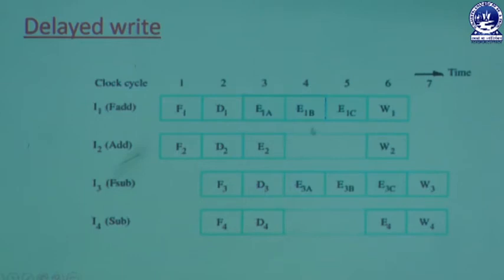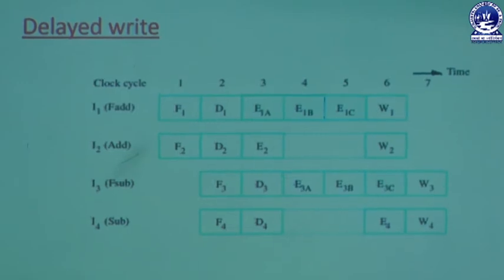As this is delayed for some period of time, the processor cannot accept the instruction I4 until clock cycle 6.